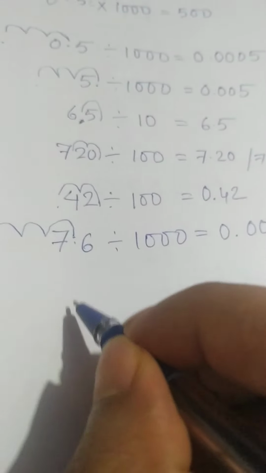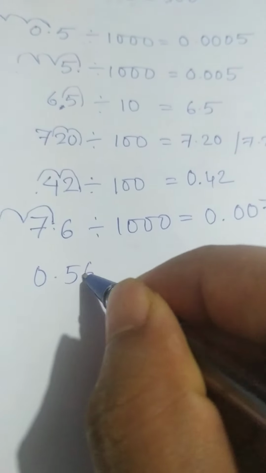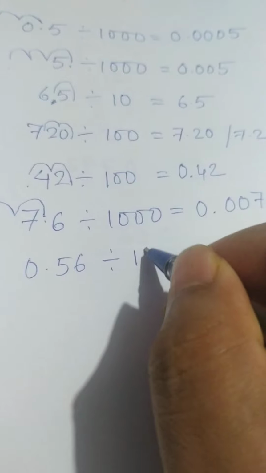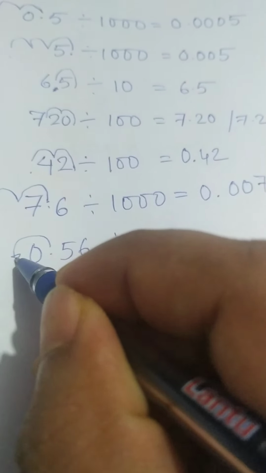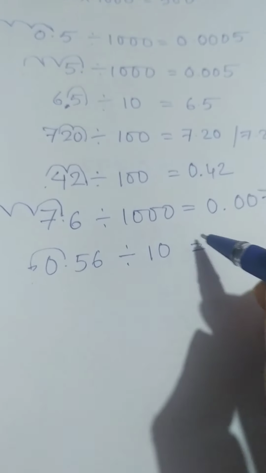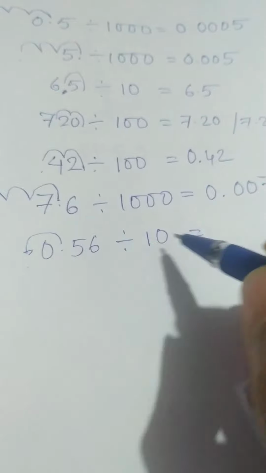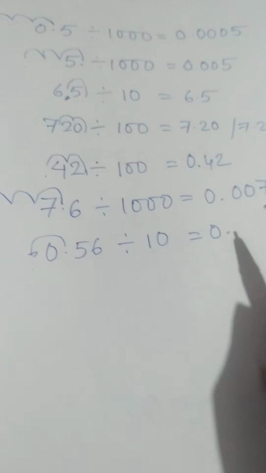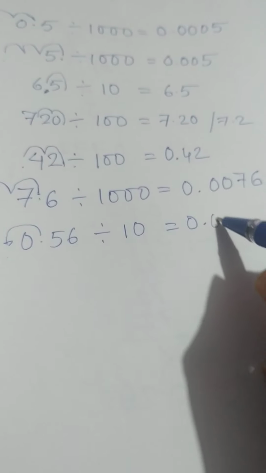So let's try with 0 point numbers. 0.56 divided by 10. The point is over here, and the point just comes back over here. Before the point we need to write 0. So 0.056.